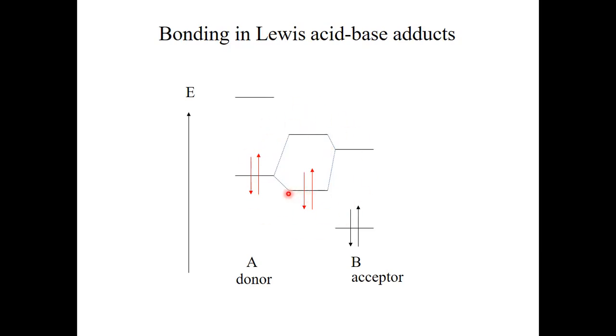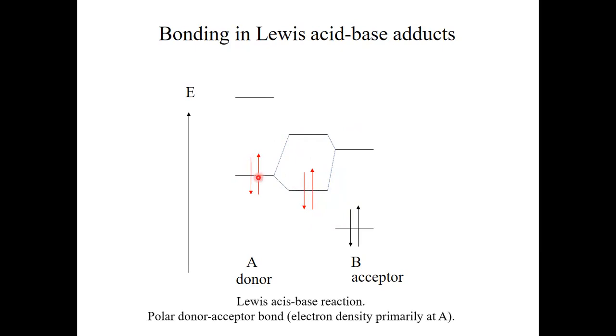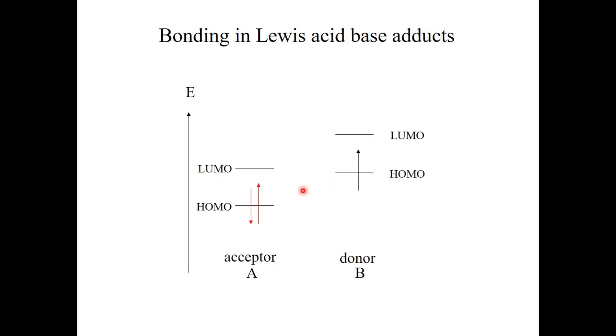Now you see that the bonding molecular orbital will be energetically closer to the HOMO of the donor A. For that reason, it will be localized primarily at the donor A, and we will have a covalent bond, a dative covalent bond, which is now polarized toward the donor A. The electron density will be primarily, but not exclusively, at A.